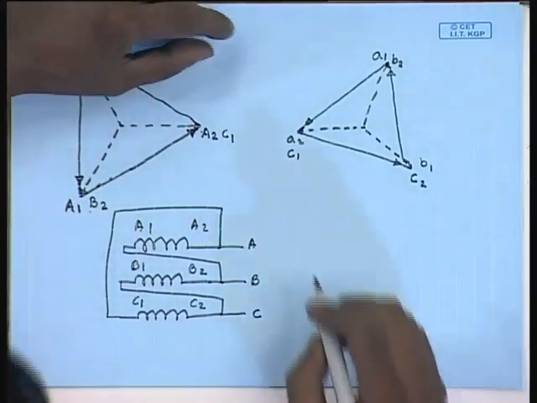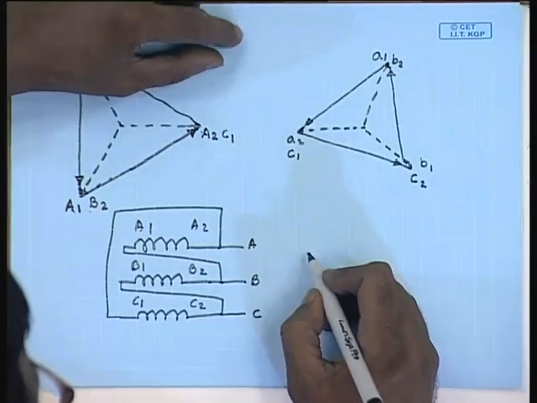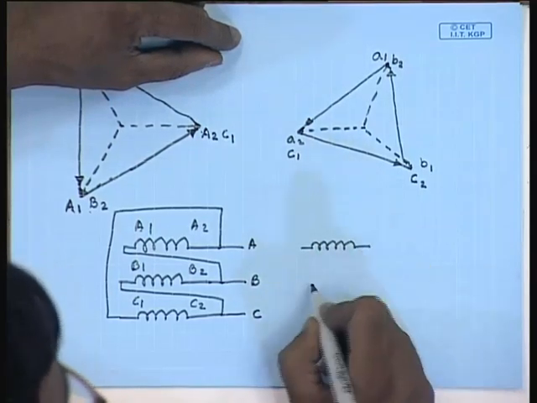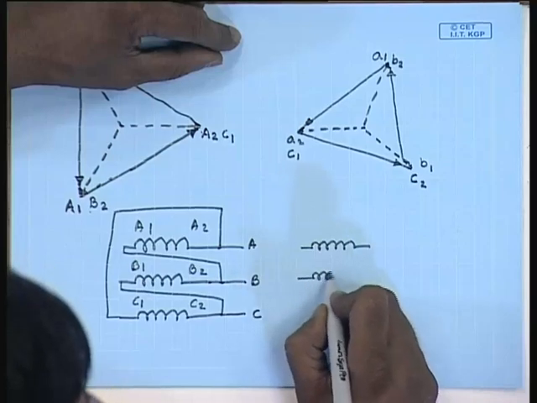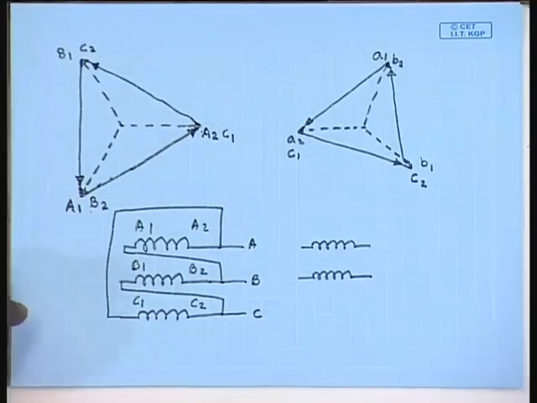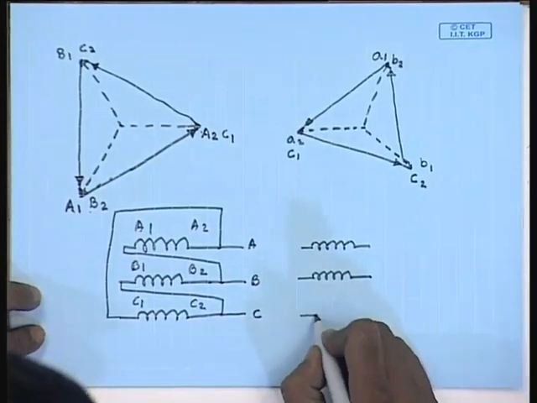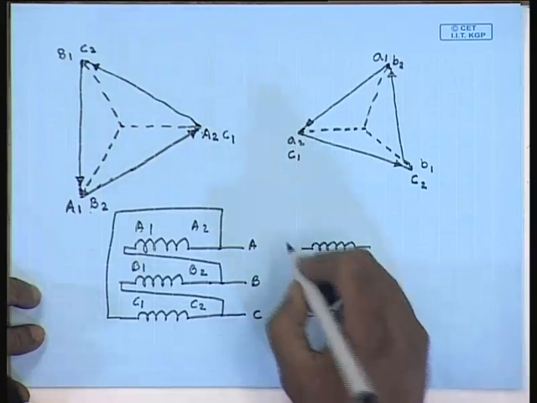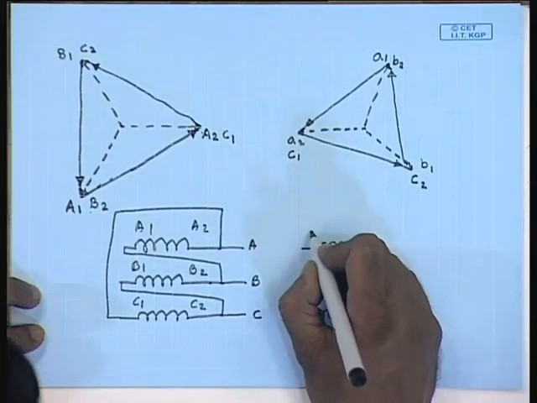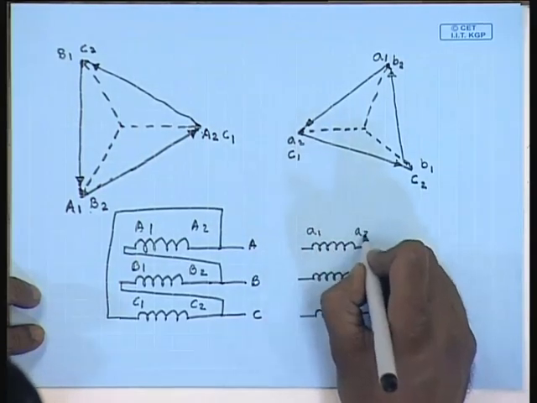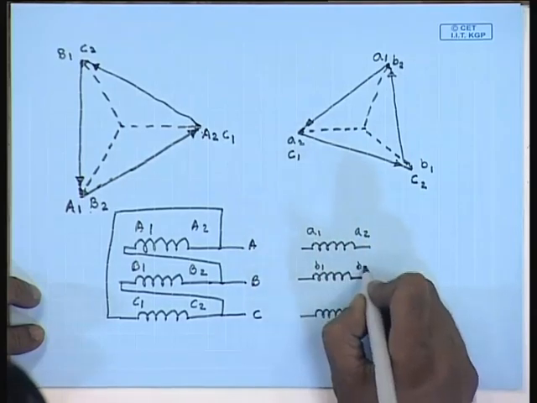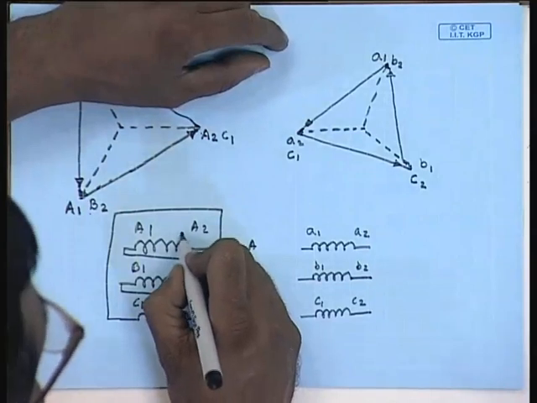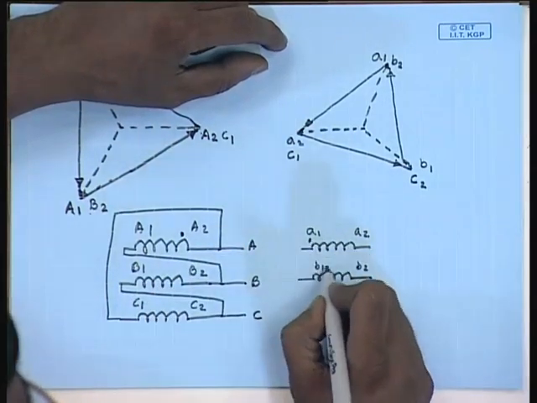On the low voltage side also, this is a1, a2, b1, b2, c1, c2. However, the dots are now this way.